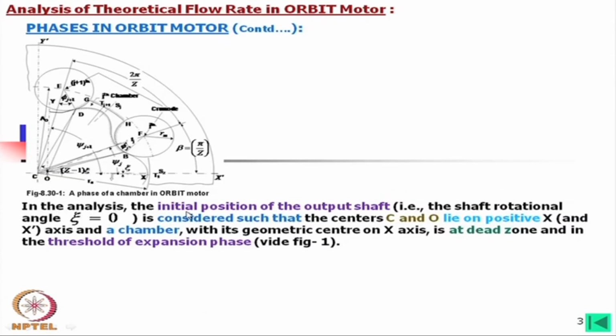Now, in the analysis, the initial position of the output shaft, that is the shaft rotational angle theta, is taken as 0. What we are considering with this axis is when this crest is at top dead center, that angle is 0.